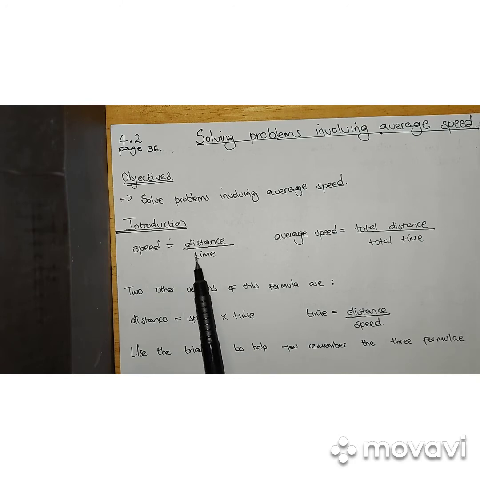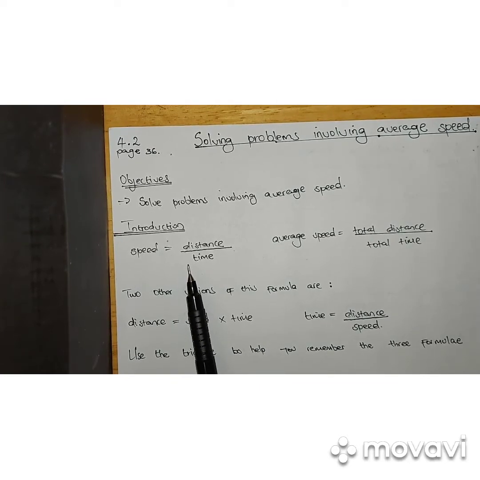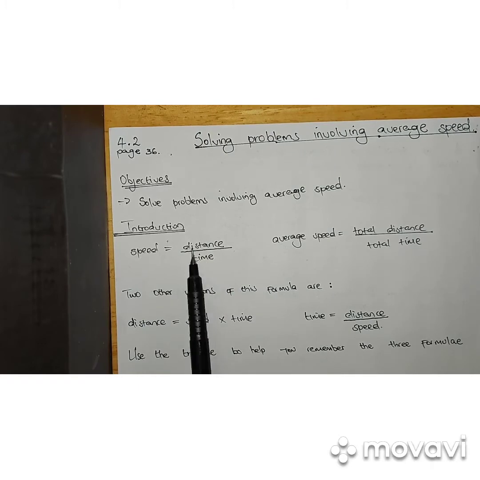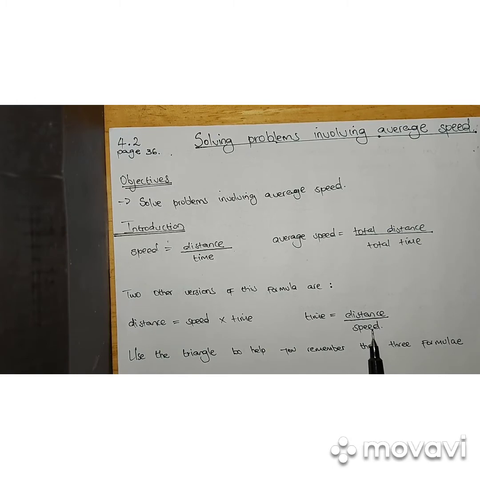If you manipulate the above formulas, you can get the formula for distance and time. So if you make distance the subject of the formula, distance becomes speed times time. However, if you make time the subject of the formula, time will equal distance over speed.